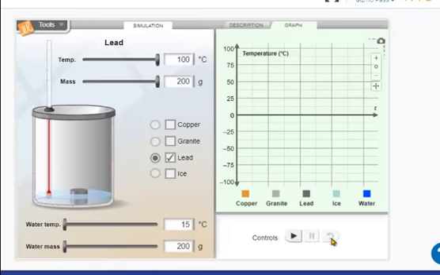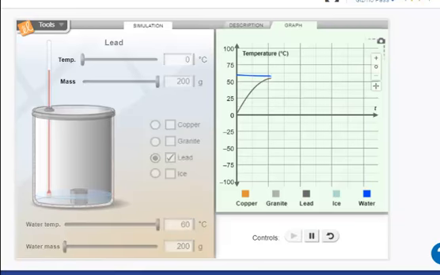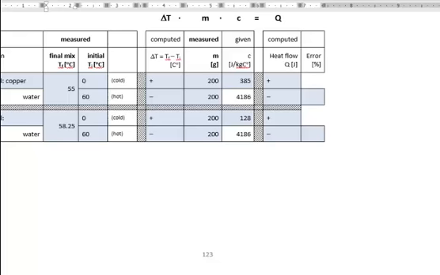And then we do lead with the lowest possible temperature, and here the water with the highest, and 58.25 degrees Celsius. All right, I'm actually done with that, so I'm going to analyze the data.